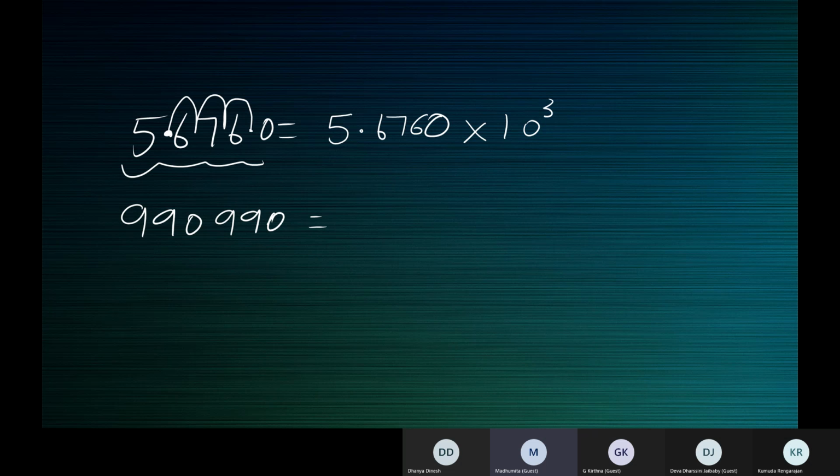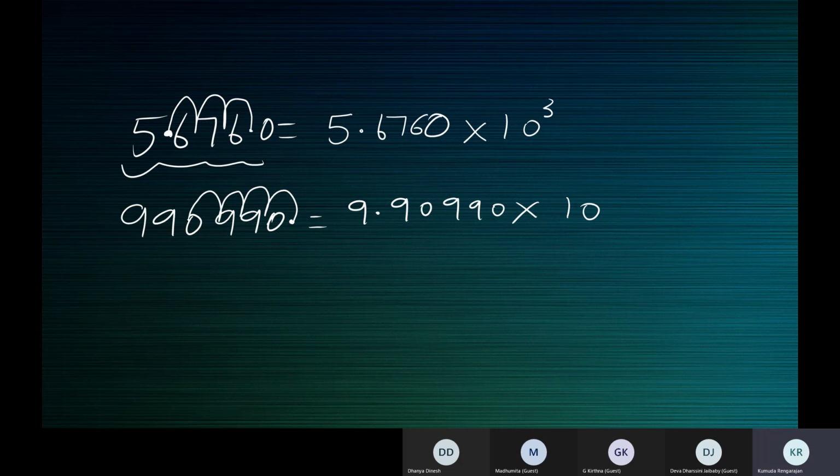Ma'am, it's 9.90990 into 10 to the power 5, ma'am. Sorry, I didn't write as you said. 9.990, into 10 to the power 5, ma'am. 5 from here. Yes. 1, 2, 3, 5. Correct. Very good.